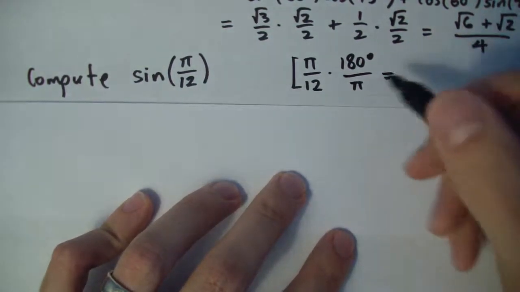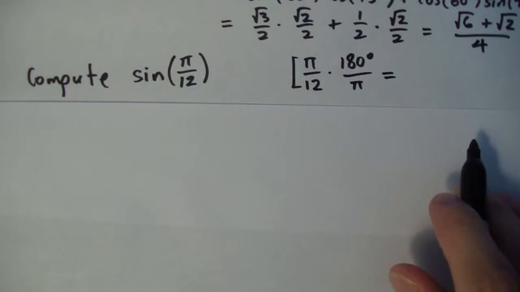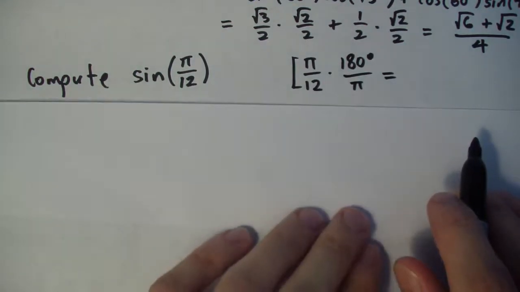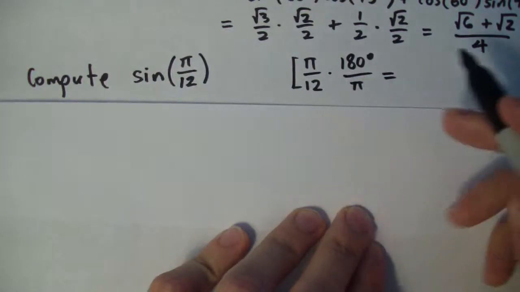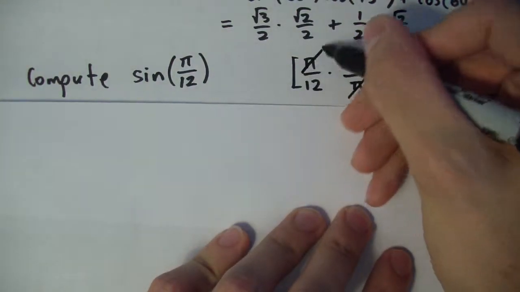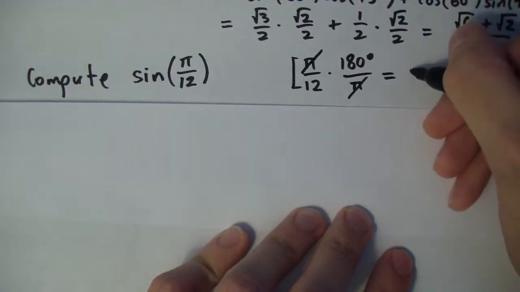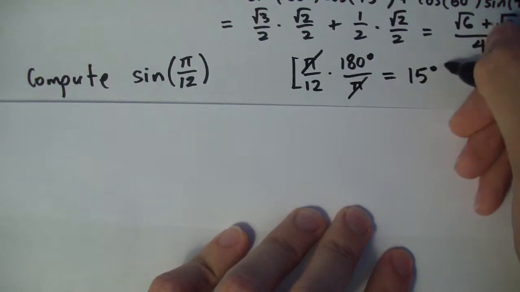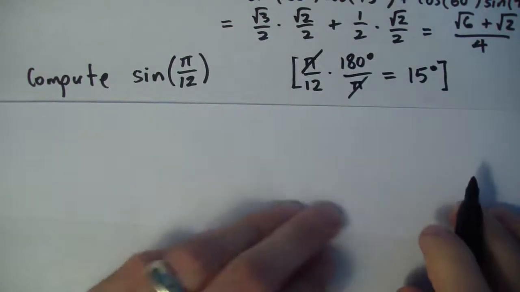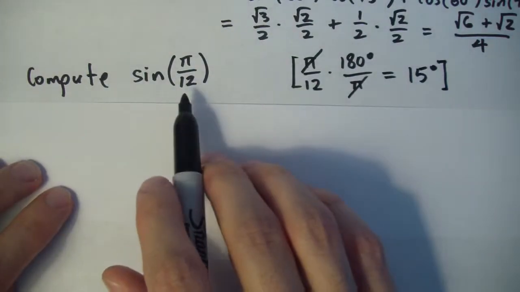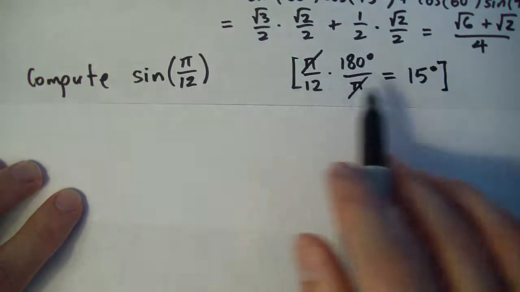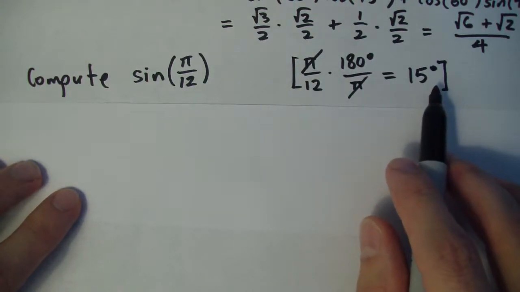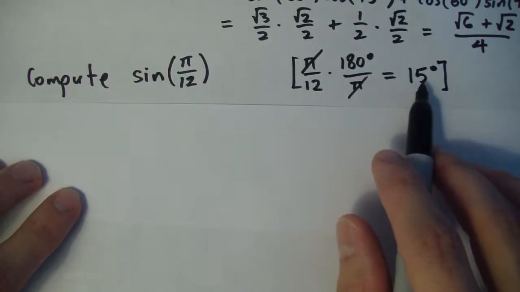When we simplify that, the pi's cancel, and we get 180 degrees divided by 12, and that turns out to be 15. So this is 15 degrees. If you're ever unsure about doing something in radians, you can always convert it to degrees, which we're maybe a little bit more familiar with, and then do that.